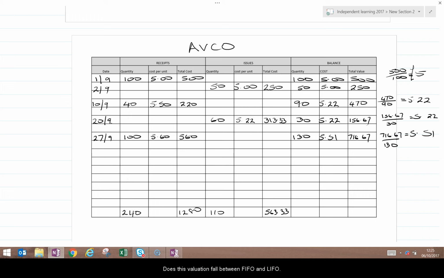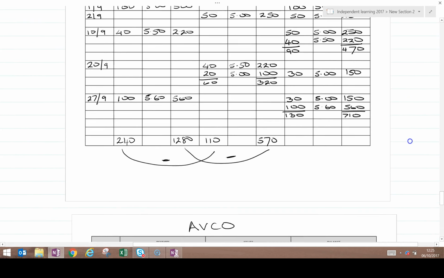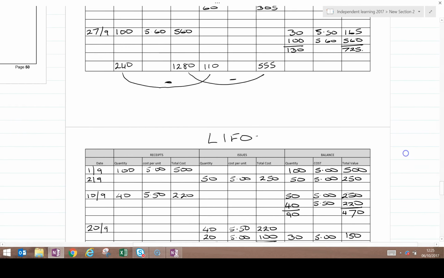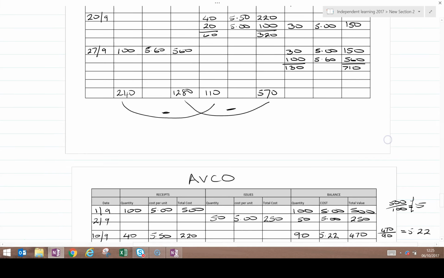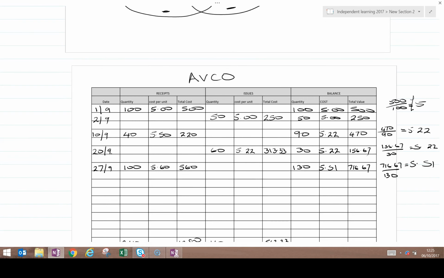So, does this valuation fall between Fifo and Lifo? So let's go back. 725, 710, 716. So yep, Fifo has given us the highest stock valuation, then Avco, then Lifo, which is what we would expect in times of rising prices.